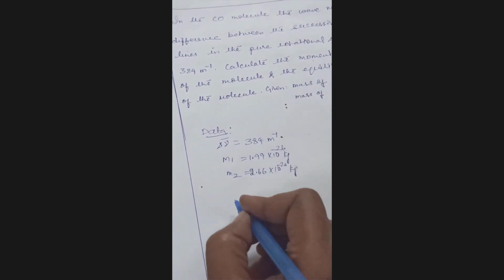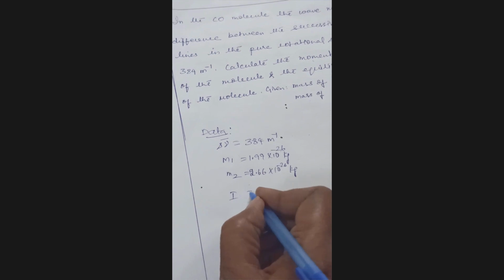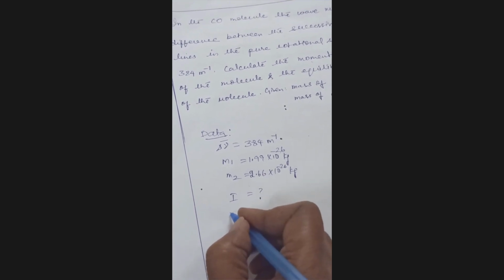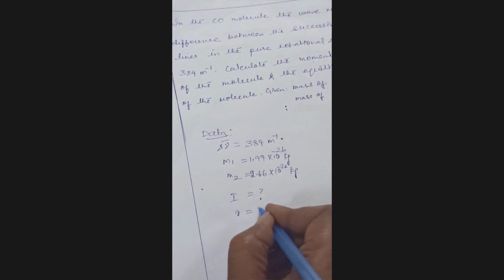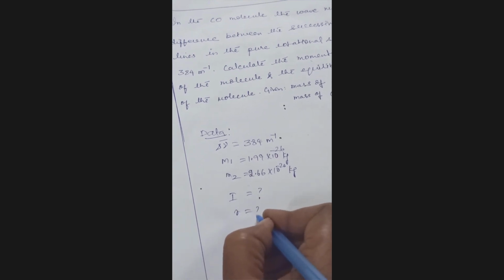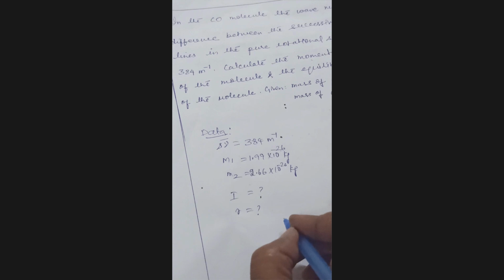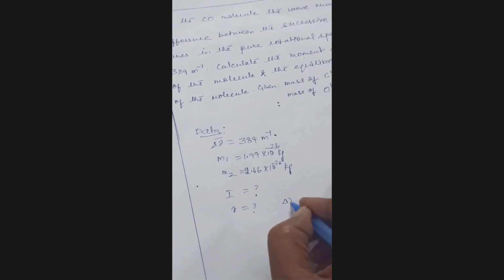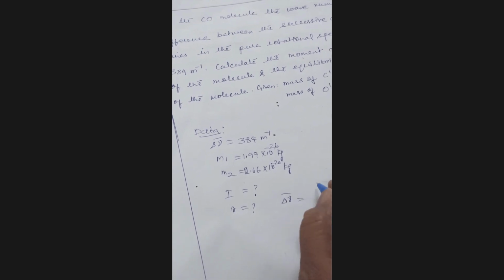We need moment of inertia. So I is equal to question mark and equivalent bond length R is equal to question mark. So let's write down the formula. The formula here is delta nu bar is equal to h cross by 2 pi I into c.